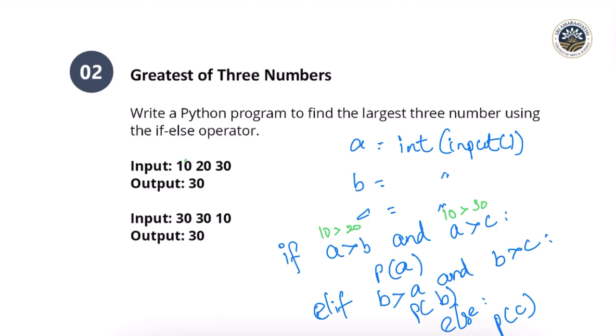If the first condition itself is false, it won't take the second condition and will come straight to the elif. It checks the elif: B is 20, which is greater than 10, so the condition is true, and only then does it go to the second condition. The second condition, 20 is greater than 30, is false, so it goes straight to the else part.